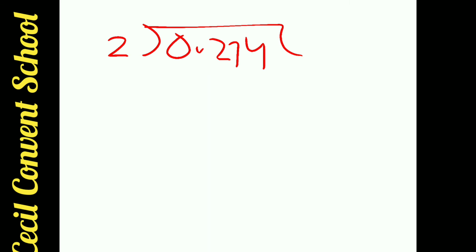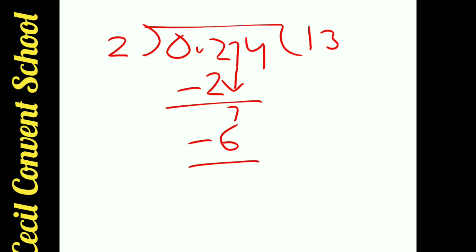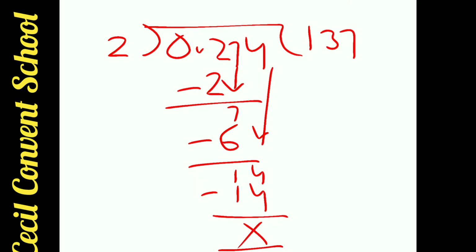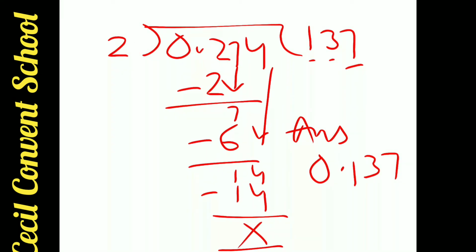Firstly you divide it in a simple manner, means 2 ones are 2, minus it, 7 come down, 2 3s are 6, 1 come down, 14, 2 7s are 14. Clear? Now decimal is after 3 places, your answer will be 0.137, because decimal comes after 1 2 3, so decimal will come after 3 places.